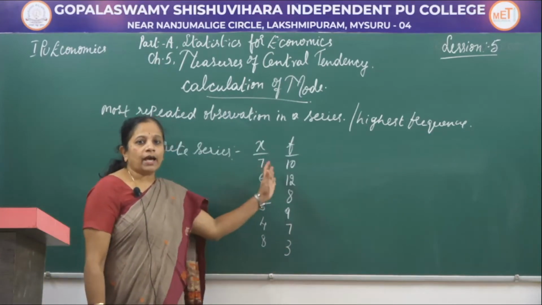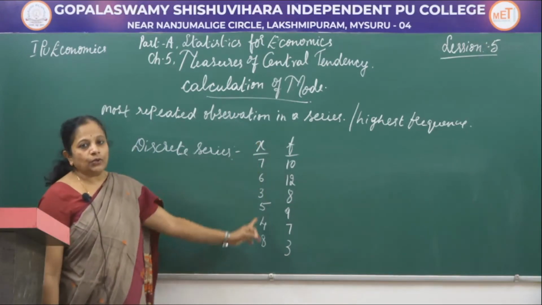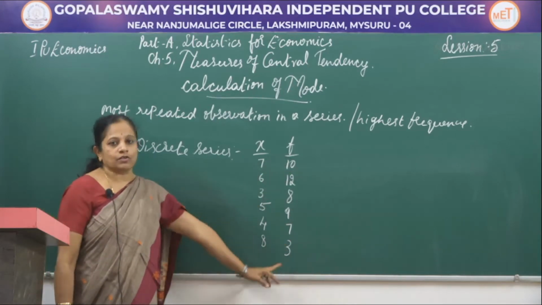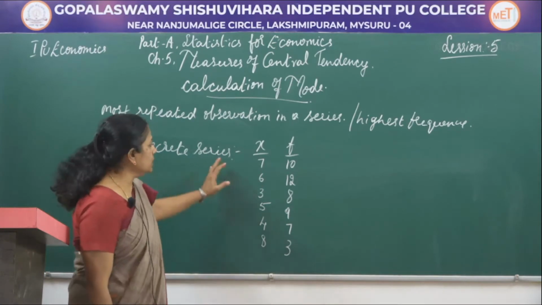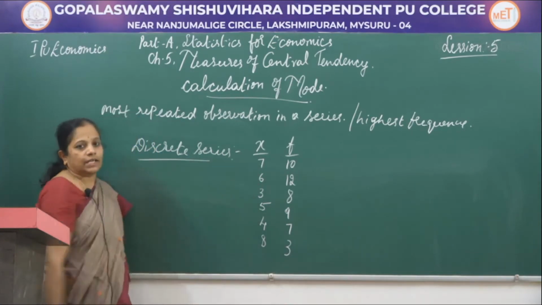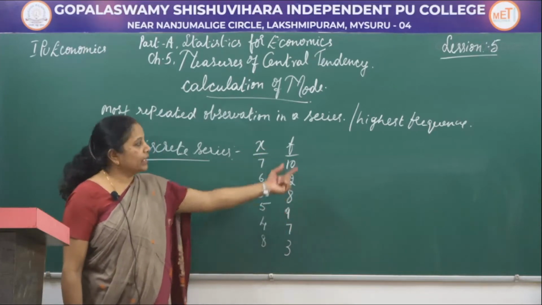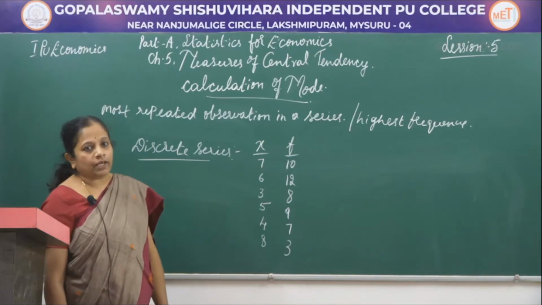Here we have a discrete series, that is, the x value is given as individual numbers and the frequencies are also given against the x values. So, in this case of discrete series, now let us see which is the mode. Here, as you know, mode is the one with the highest frequency.